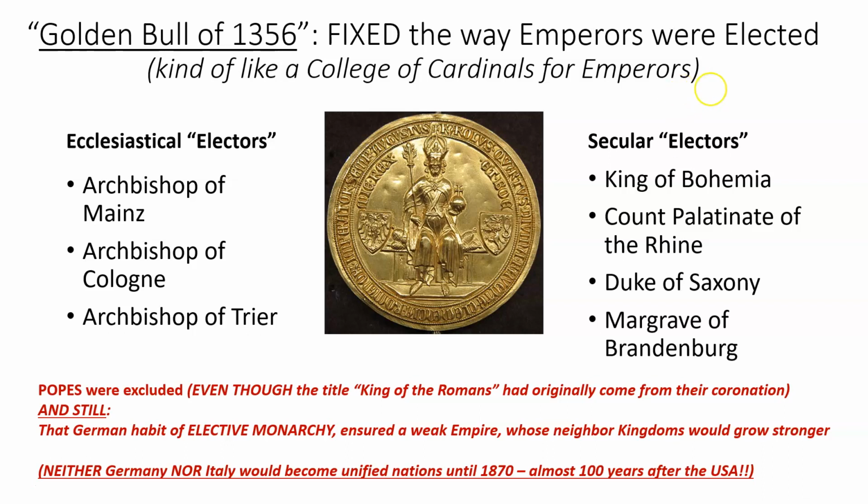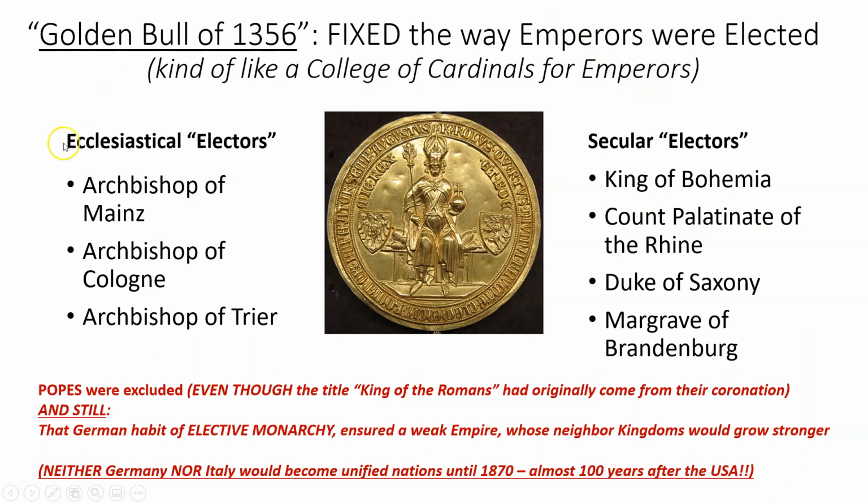To avoid that, the emperor at this point fixes, forevermore, there's one slight change that happens later on, but we don't have to touch on that now, the way that they will gather specific men who rule specific areas of Germany to serve as electors whenever there's a need for a new emperor.